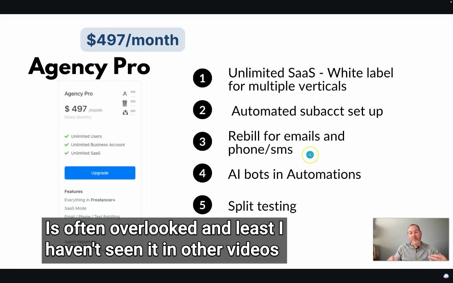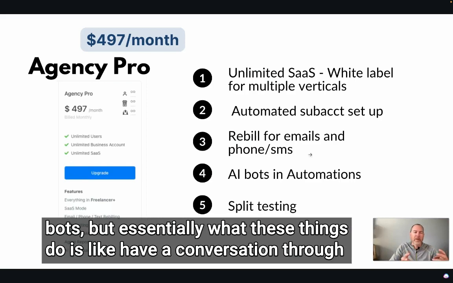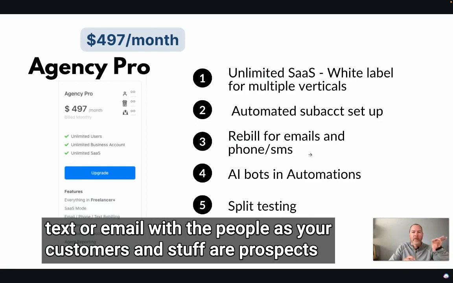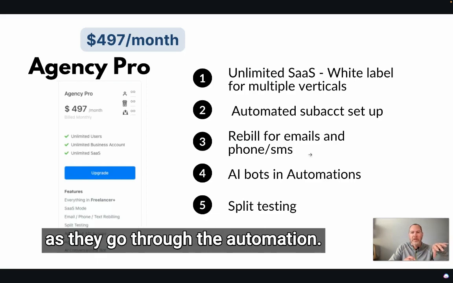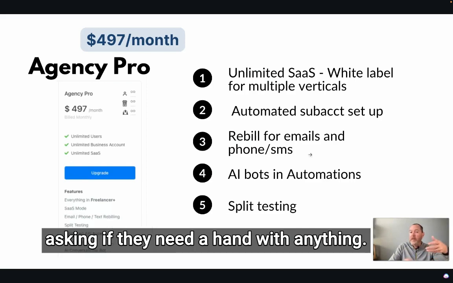Another thing that is often overlooked, and at least I haven't seen it in other videos talking about these different plans, but you get the AI bots in the automations. They call them AI conversational bots, but essentially what these things do is have a conversation through text or email with your customers or prospects as they go through the automation. So one of my automations that I have set up sends out emails to businesses just asking if they need a hand with anything.